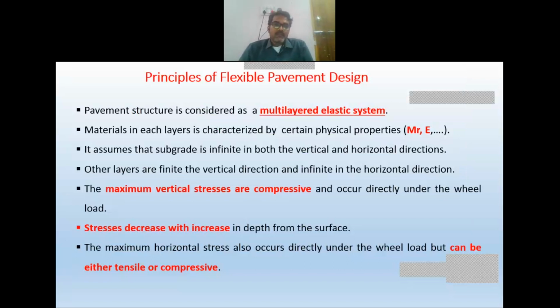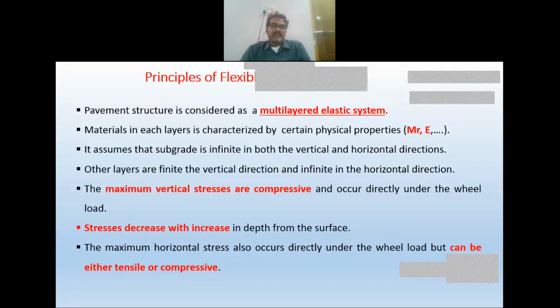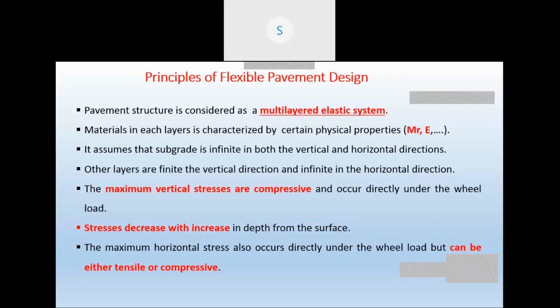Now, if you see the principles of flexible pavement design, the pavement structure is considered as a multi-layer elastic system. The materials we use in various layers may be characterized by elastic modulus or resilient modulus. Now, the subgrade is infinite in both the vertical and horizontal direction. This is the assumption.